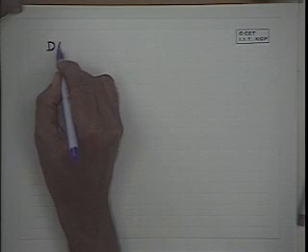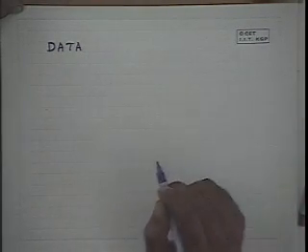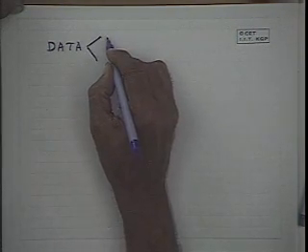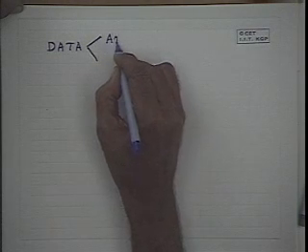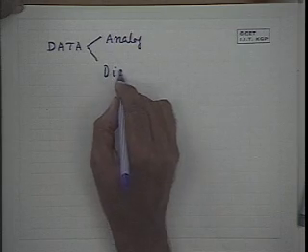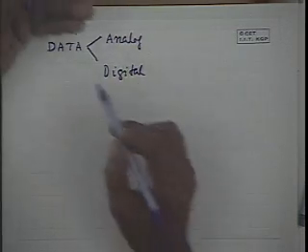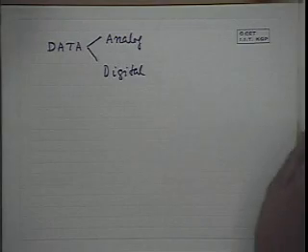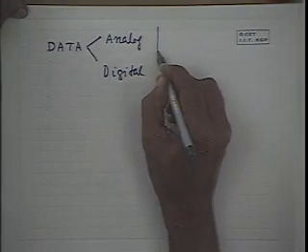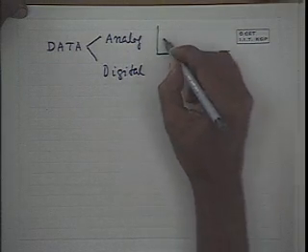Let us now consider more on data. The data can be broadly divided into two types. One is analog, another is digital. What is analog data? Analog data is some continuous form.